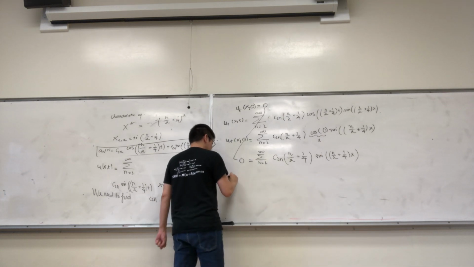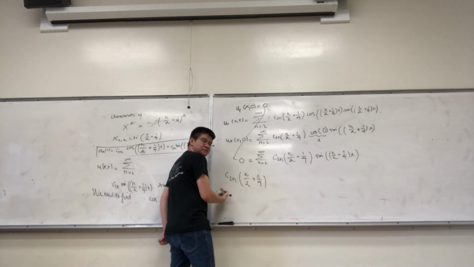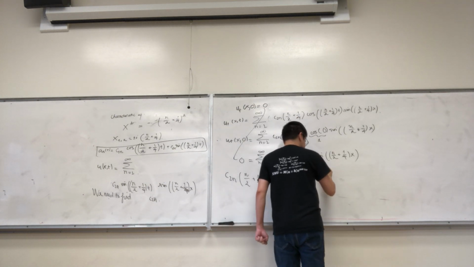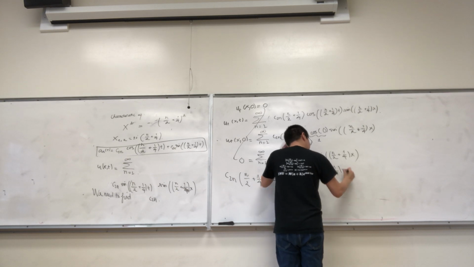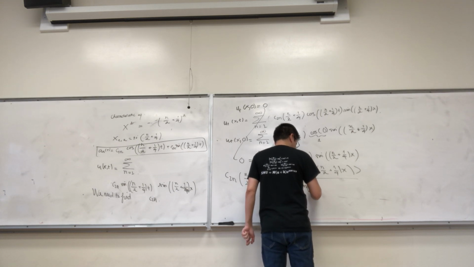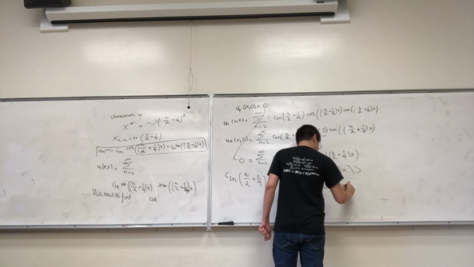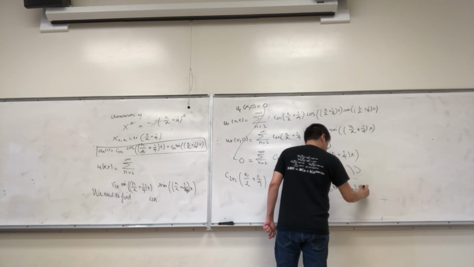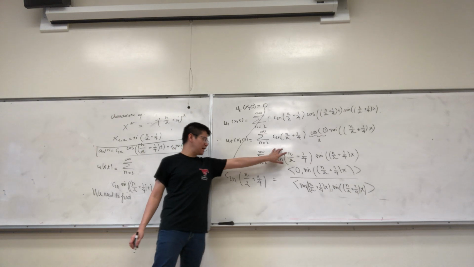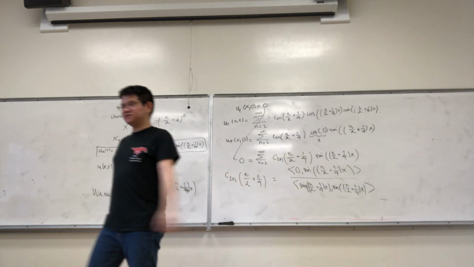You have c2n times (n/2 + 1/4), because this is the whole coefficient, times the inner product of 0 with sin(n/2 + 1/4)x, and then you have the inner product of sin(n/2 + 1/4)x with itself. What is the value of this?